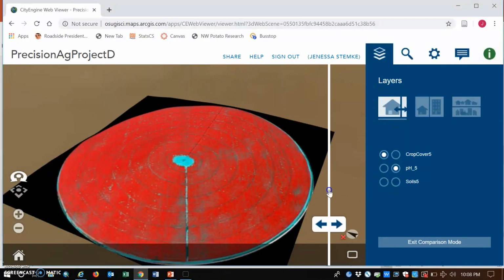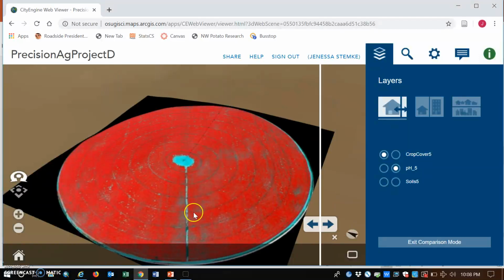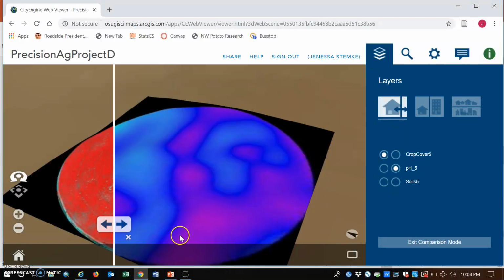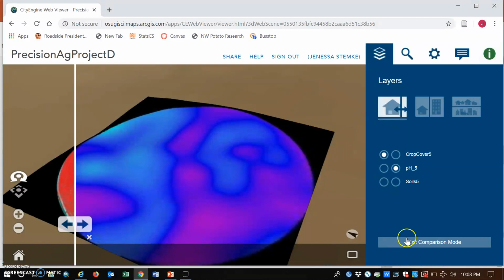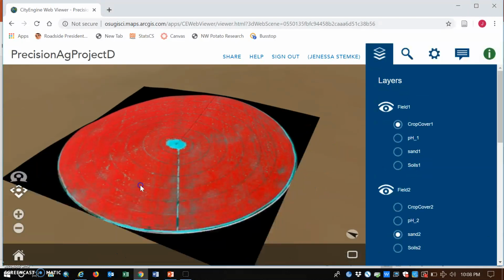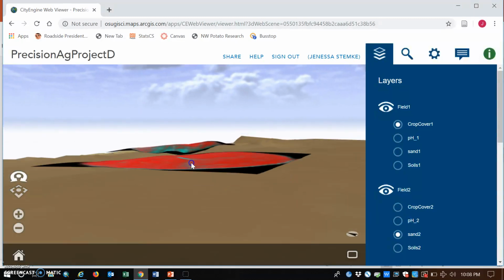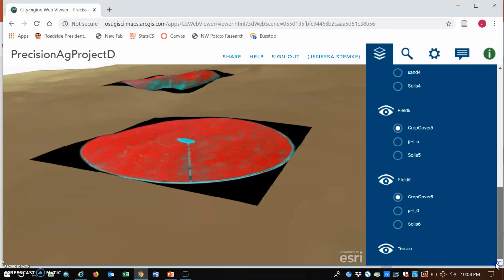The portions of the field that have a little bit of patchy dieback right here are kind of close to that higher pH soil. You also notice this terrain is very flat. Very flat.